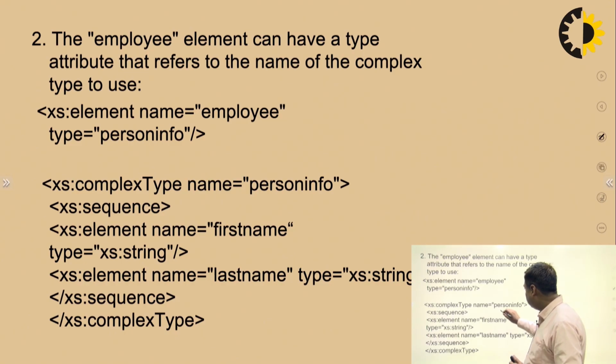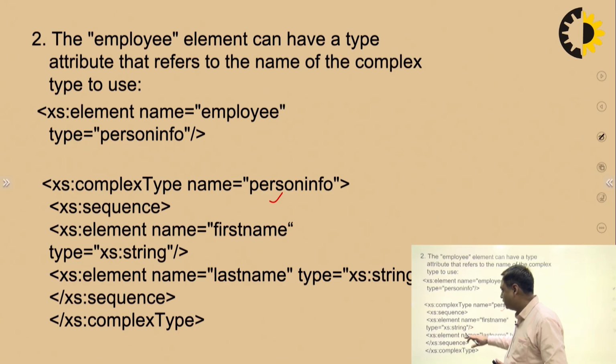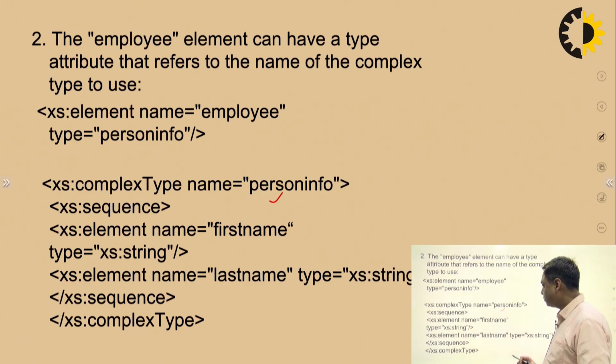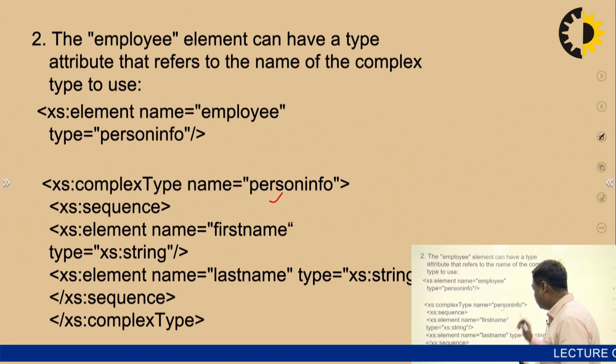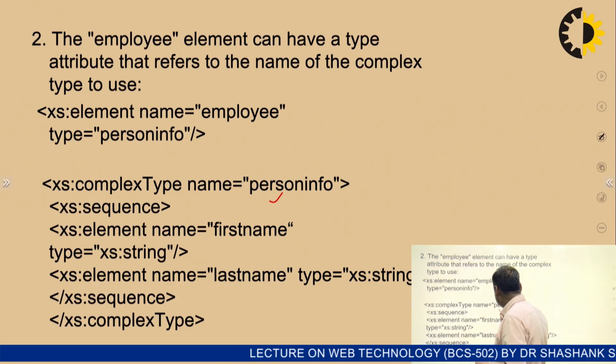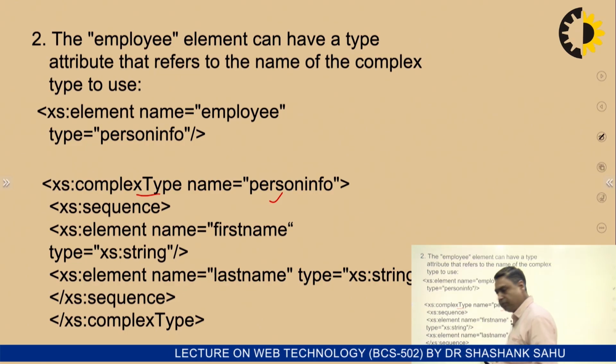Name of this type is person info. Because the first name and last name can be used in many other XML files. Instead of writing first name and last name in every element, it is better to define a type for first name and last name. So, I have defined person info as a complex type.